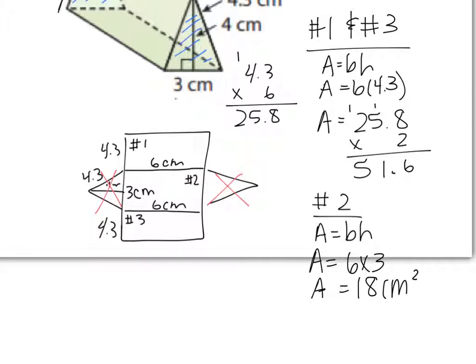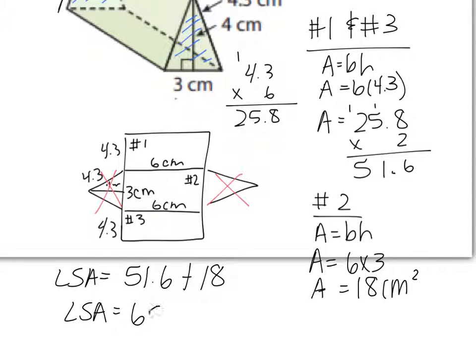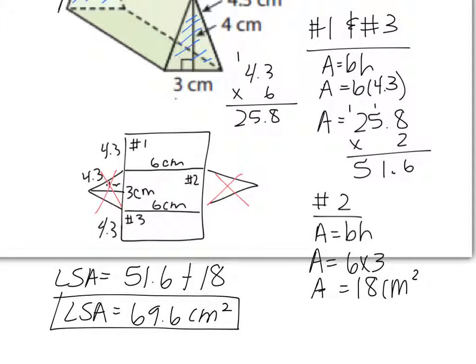So now the final thing is, don't forget to find your lateral surface area. You have to do 51.6 plus 18. So the lateral surface area of this triangular prism is 69.6 centimeters squared. So again, lateral surface area is finding only the lateral faces, no bases.